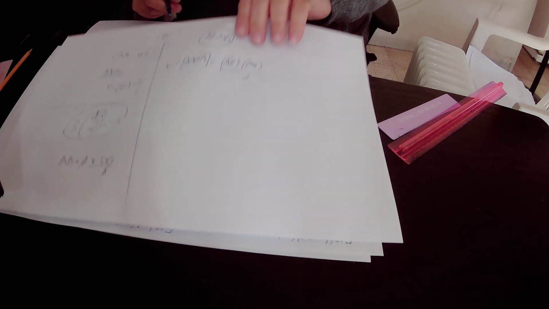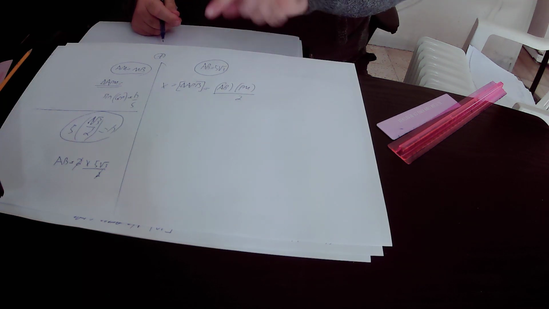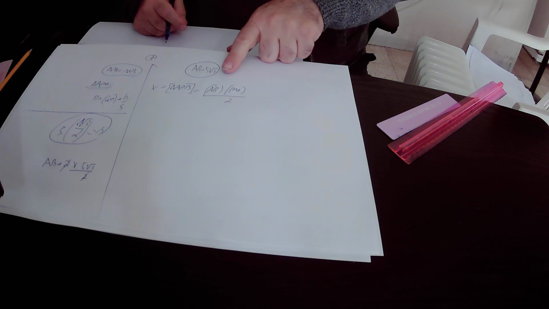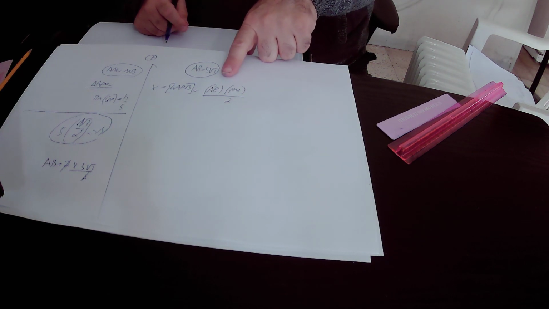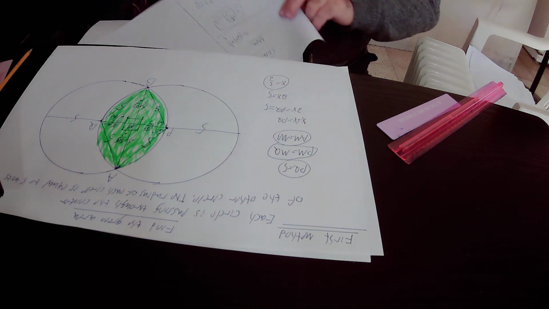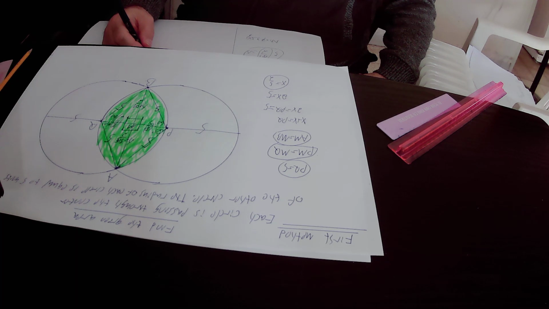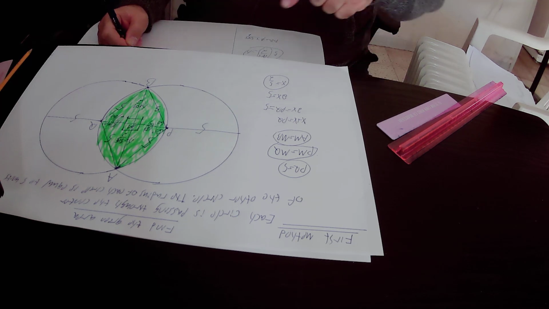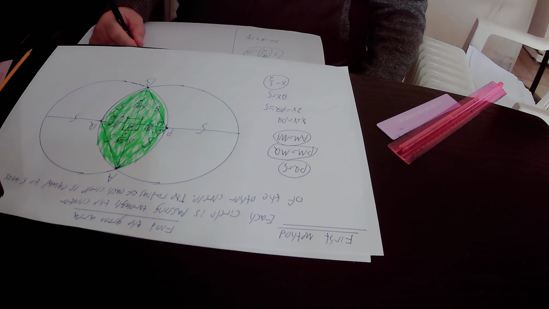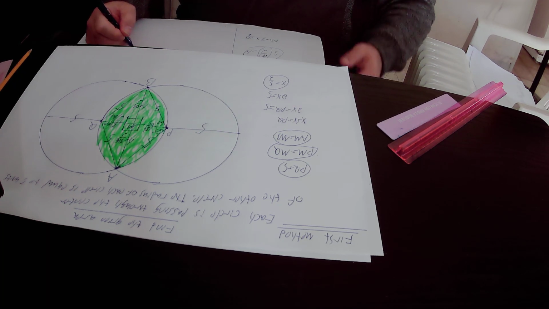I'll repeat again. The area of triangle APB equals the base of the triangle, that is AB, times the height, that is PM, over 2. We have already found out that AB equals 5 times square root of 3, PM equals 5 over 2, all divided by 2.